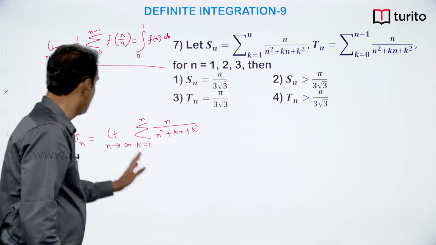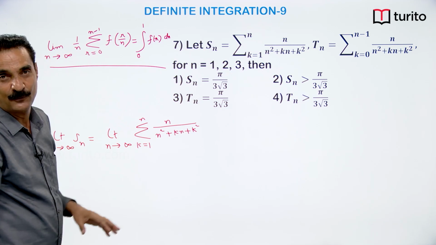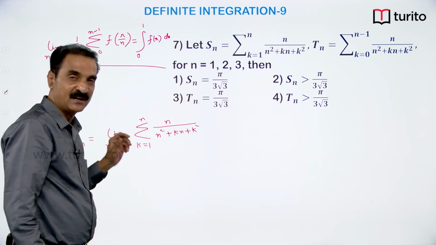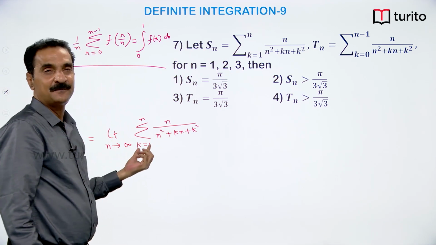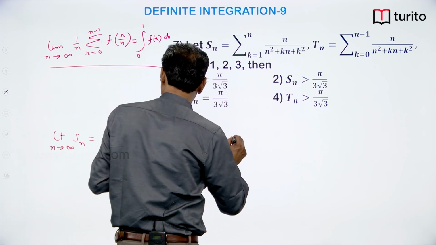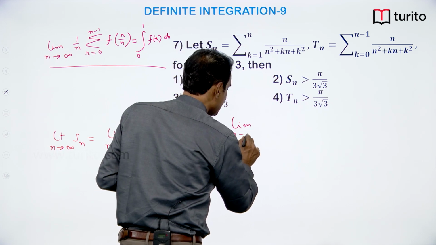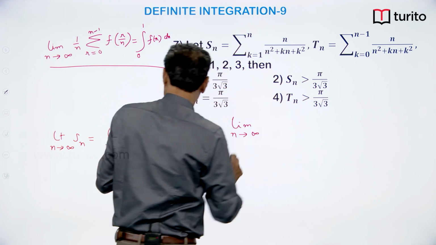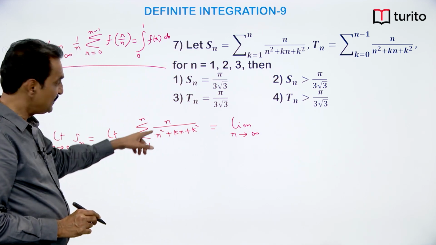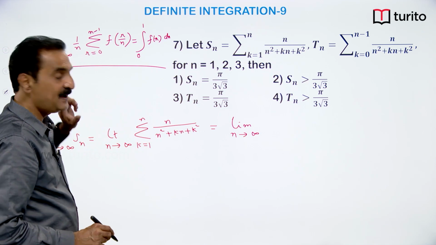Now, if you want to use this formula, first we have to get 1 by n before sigma. How to get 1 by n here? Take n square common from the denominator. Then it is equal to limit n tends to infinity. If you take n square common, one n will cancel from the numerator. So remaining will be 1 by n.